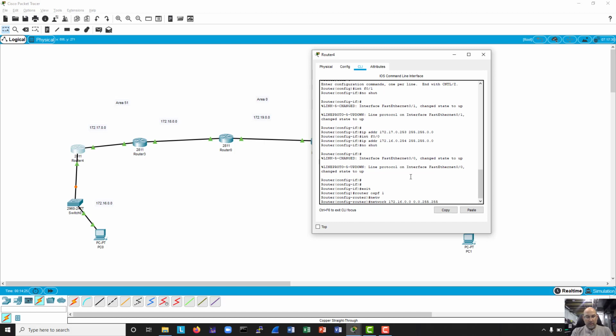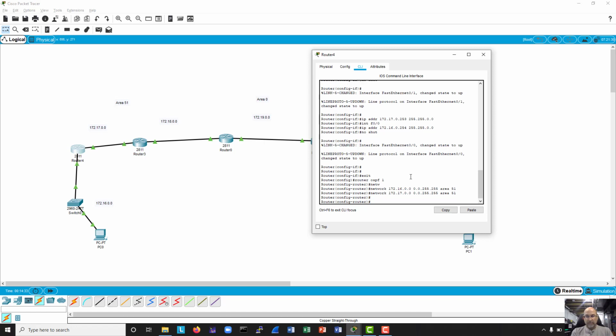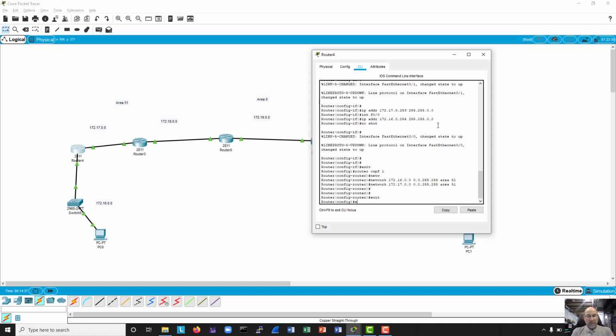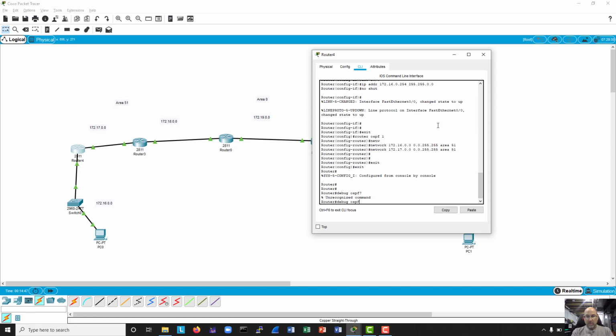What's happening as I do this is that as I bring the interfaces up and tell the routers about the networks they're supposed to be advertising, the routers are exchanging information. So let's see if we can do this. Debug OSPF, see what kind of options we have here.